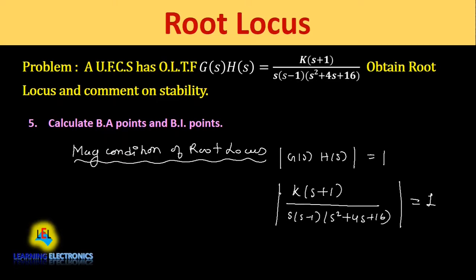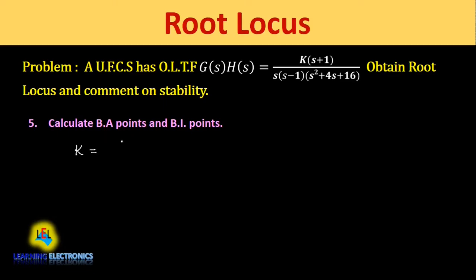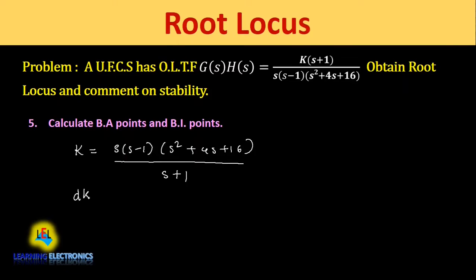From this equation we will find the value of K. K will be equal to s into (s minus 1) into (s square plus 4s plus 16) divided by (s plus 1). Now to find the breakaway points, we have to differentiate this equation of K with respect to s. That means we have to find dK by ds.